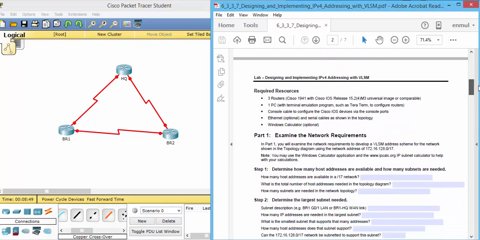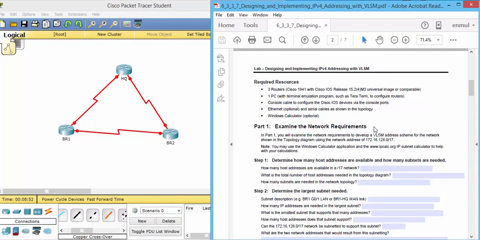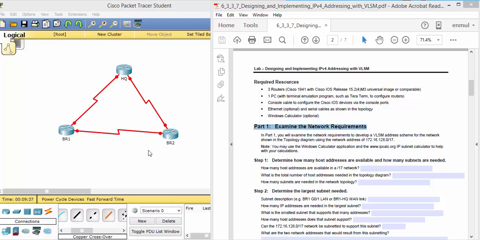Now we're going to examine the network requirements, part 1. In part 1, you will examine the network requirements to develop a variable length subnet masking address scheme for the network shown in this topology diagram using the network address 172.16.128.0/17.